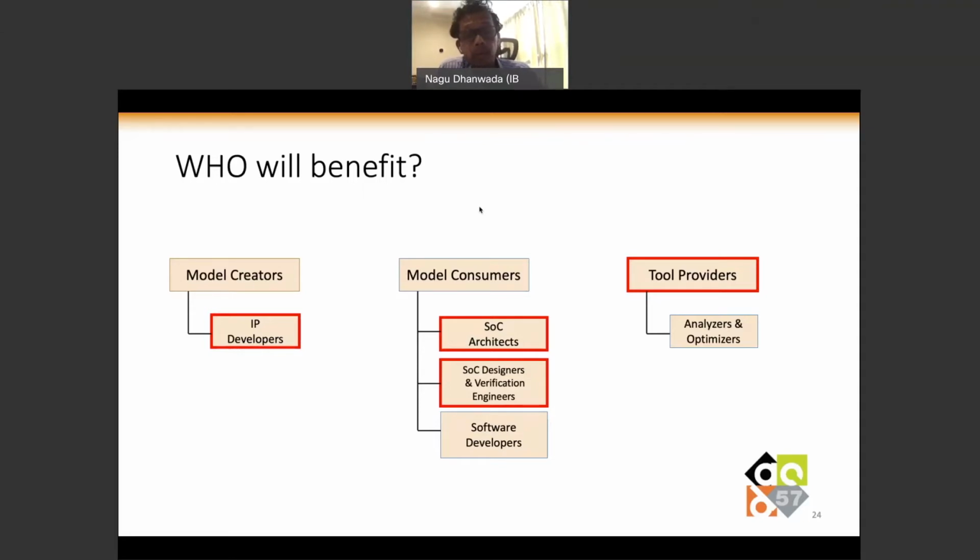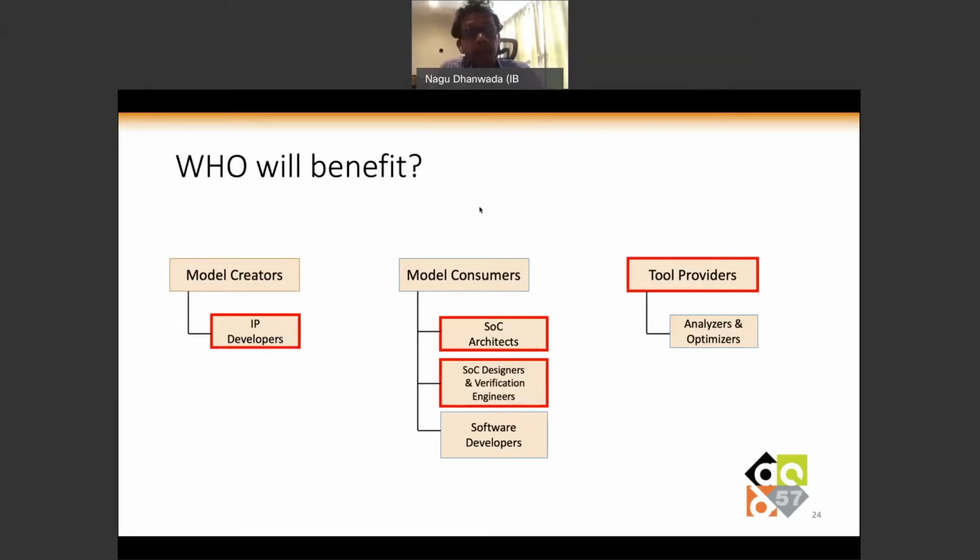Then from a model consumer standpoint, SOC architects typically deal with early spreadsheets, and there is no continuity in the design flow which they have. And use of UPM in their use context is something which they derive value from, the whole model continuity across abstraction levels and within design flows, which we highlighted earlier, right?